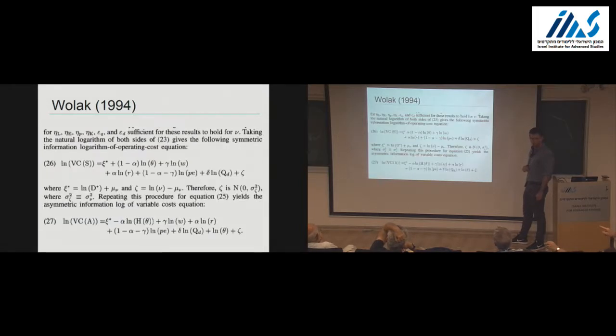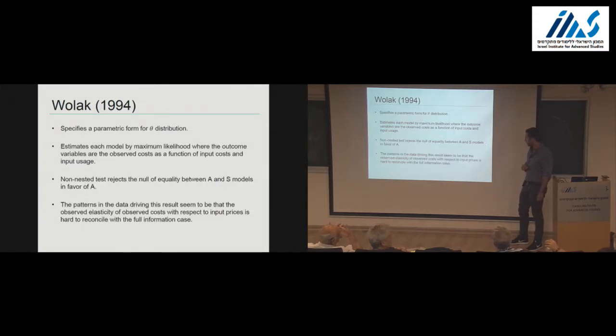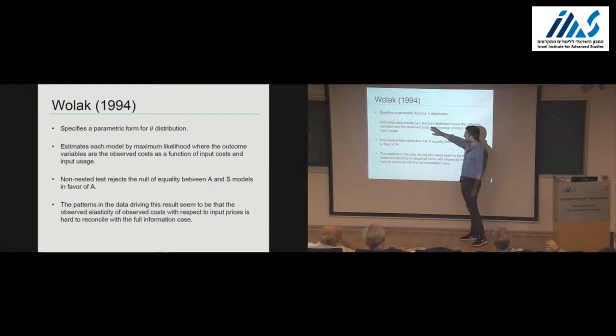Is there any value of the parameter that makes the symmetric special case of the asymmetric? They're not nested models. So he has to do non-nested tests between the two. He estimates each separately by maximum likelihood. The observed data are these observed costs and input costs.